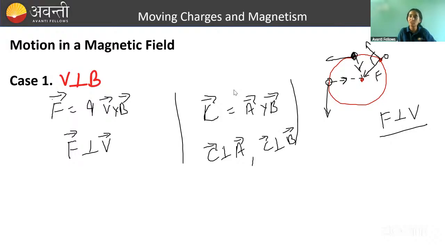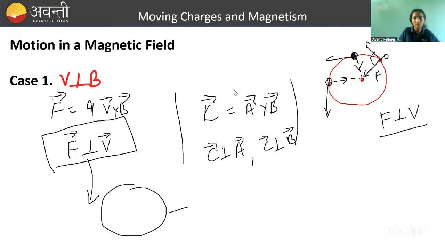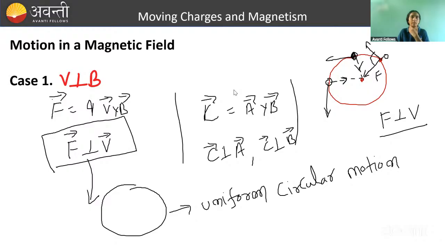This is the definition of cross product. From that definition only I am saying कि force is perpendicular to velocity. And if this is the case, then particle will go in uniform circular motion. ठीक है? Because whatever force is acting perpendicular to velocity, that force will be responsible for taking it into a circle. Everyone agree?